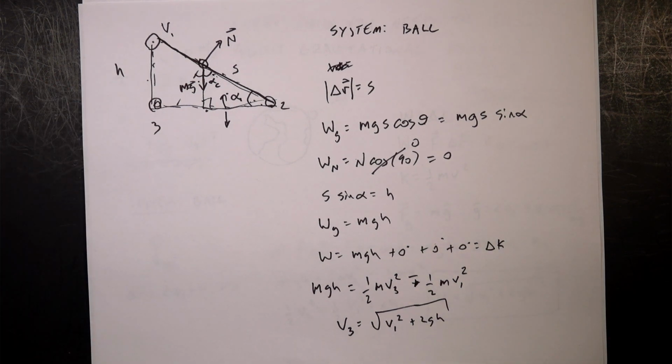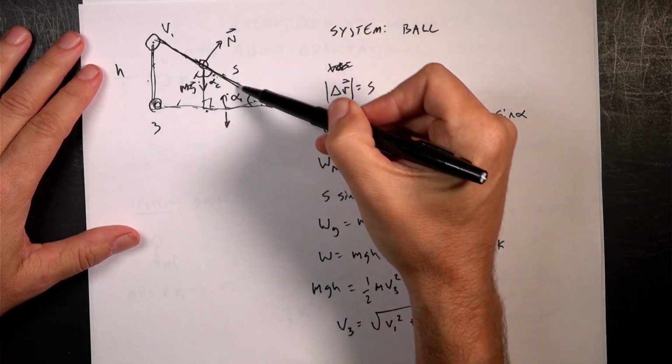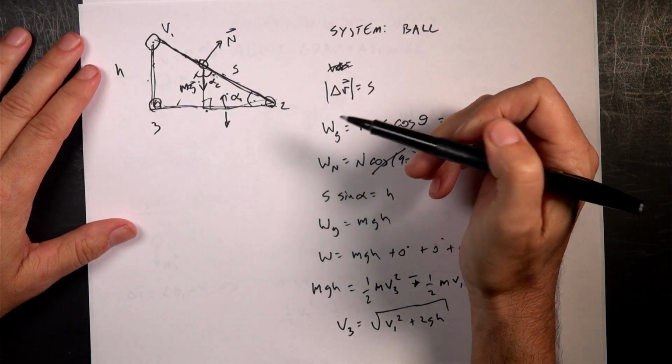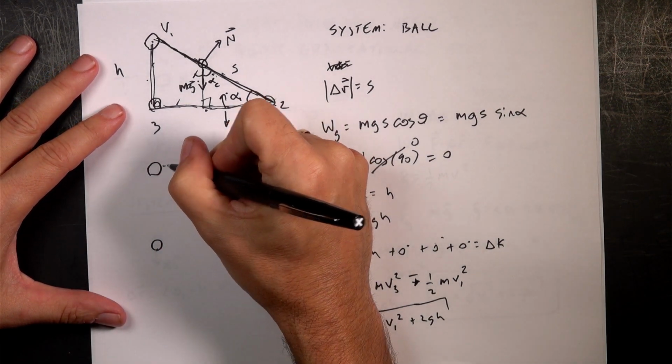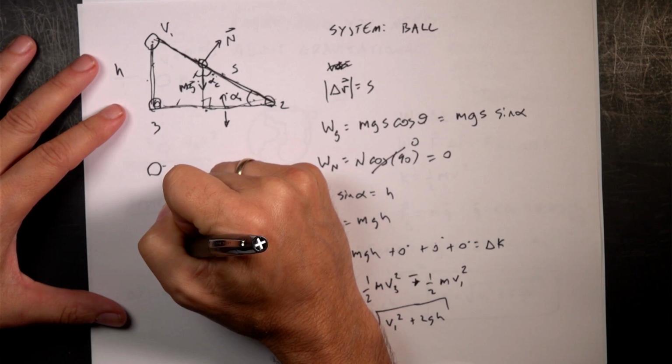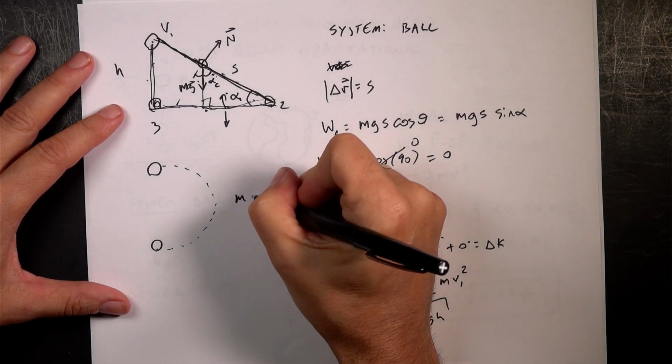So the important point here is that I just showed you 2 paths. If I do this path and I do the work done by this path, it's the same thing. In fact, even if I did this path, which I want to do, but I'm not going to, the work done along this curved path, which is actually difficult to do, is also going to be mgh.